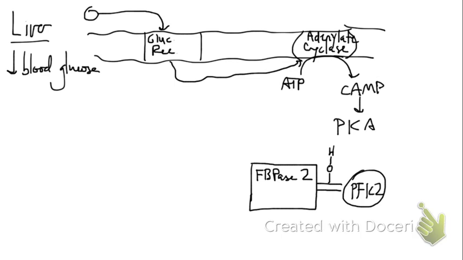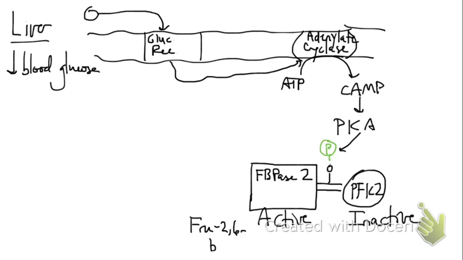So under low blood glucose levels, PKA comes in, removes that hydroxyl, and puts a phosphate on that R group. When it does that, this becomes active. This becomes inactive.